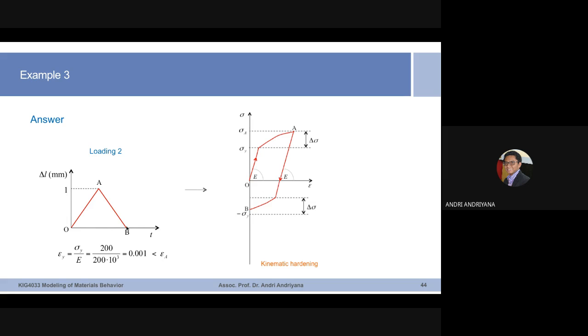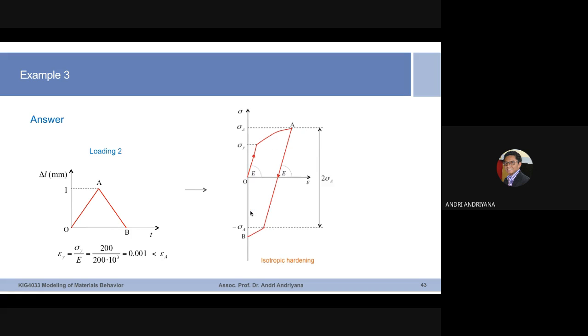the strain is 0. The point B here, the strain is also 0, but the stress is not 0. Similarly, in the case of isotropic hardening, the point B here, the strain is 0, but the stress is not 0. Okay, so this is how different the response that you get by imposing different types of loading.